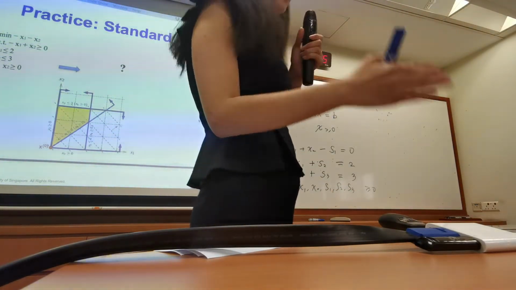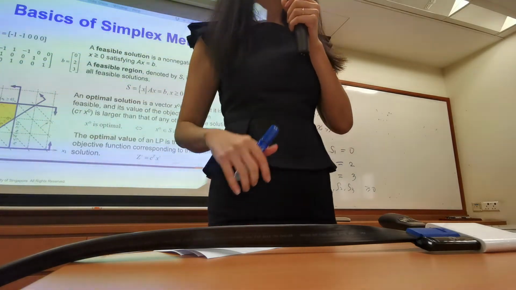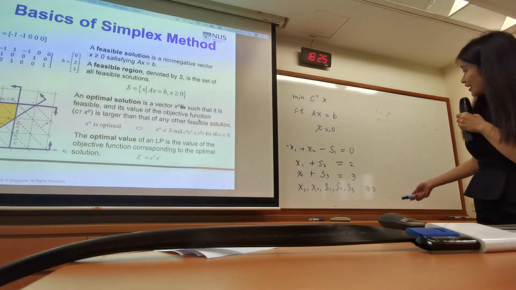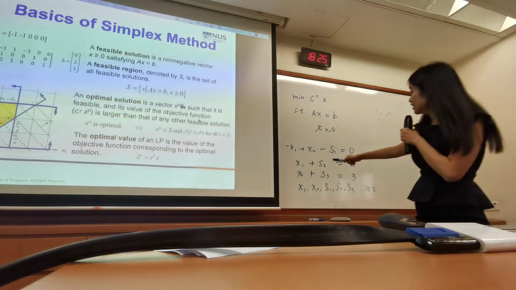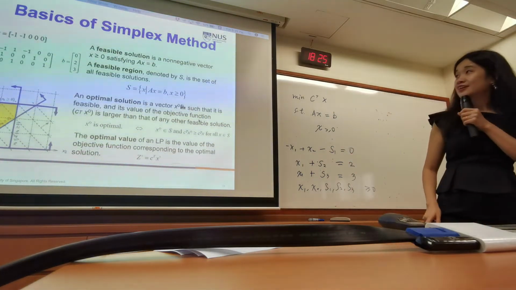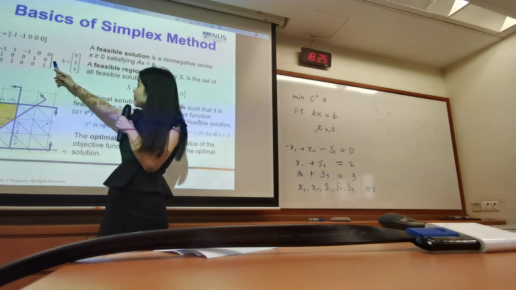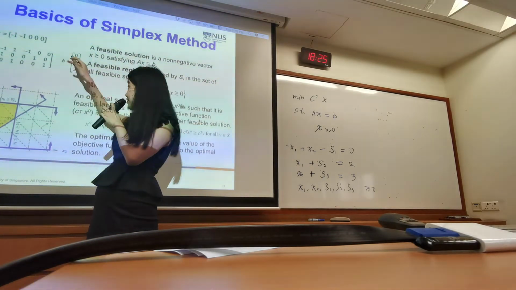Right, and then I can write my matrices for C transpose, A and b, because I got my standard format. I can directly copy the coefficients here. Note that when you have no variable here, you need to put a 0, because you will multiply this A matrix with x.